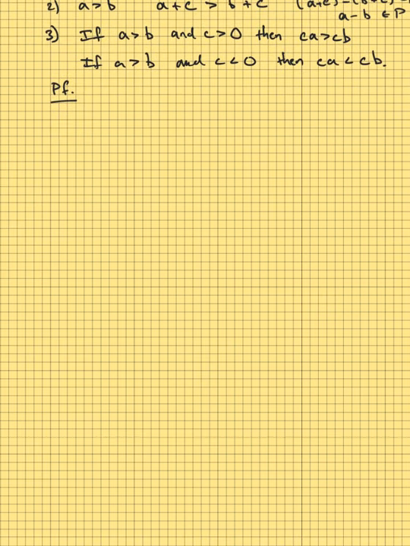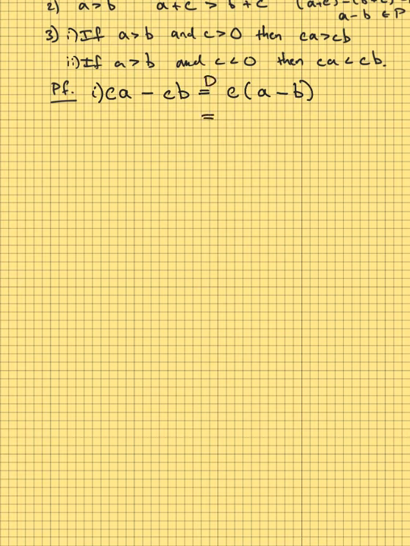Well, again, we want to write down CA minus CB and hope that that's in P. We want to show that this is in P with the assumption that A minus B is in P. Well, we know that this is C times A minus B by distributivity.